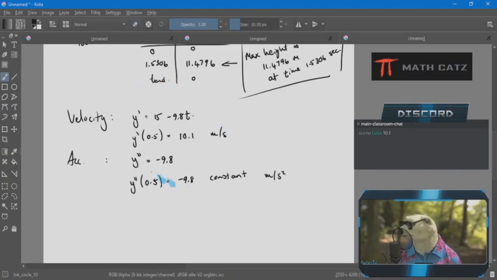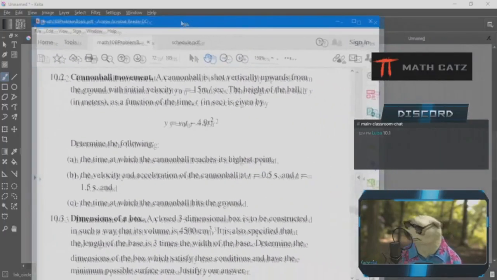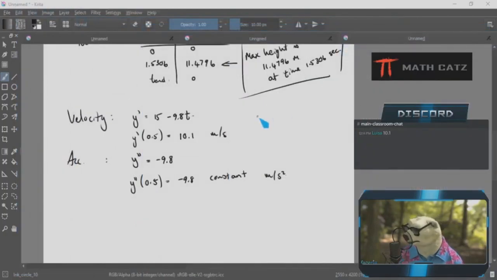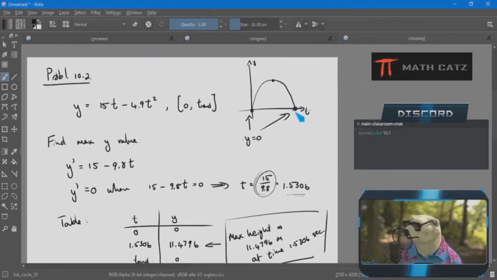All right. Let's get to something more interesting. This is just sort of a plug and play B question. The time at which the cannonball hits the ground. So we said earlier that I don't know exactly what that time is, but I know there is such a time.